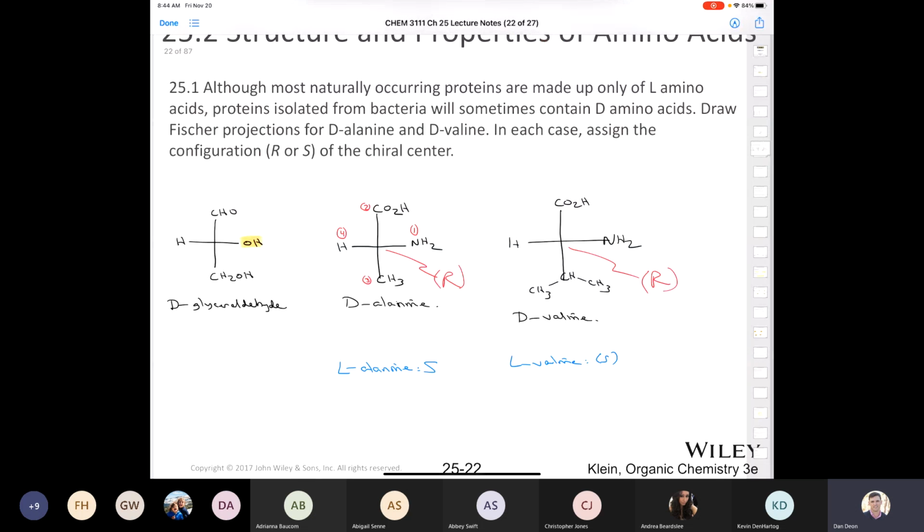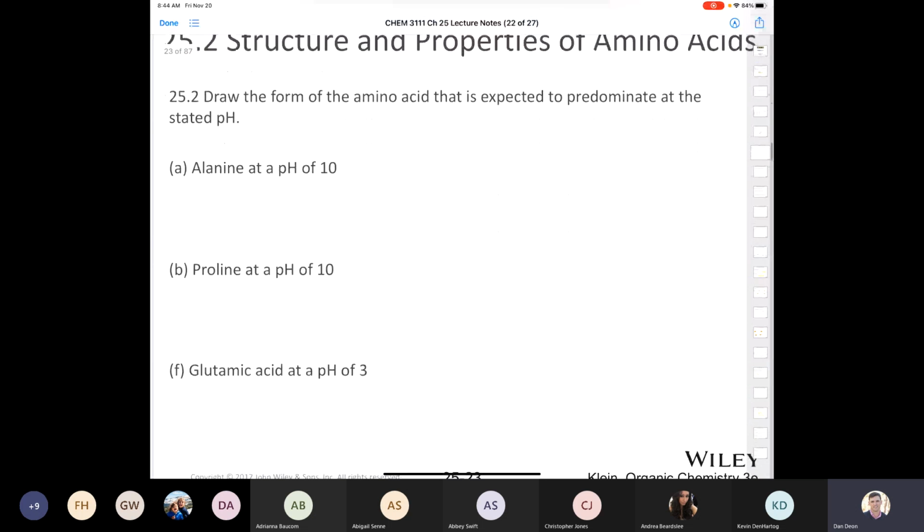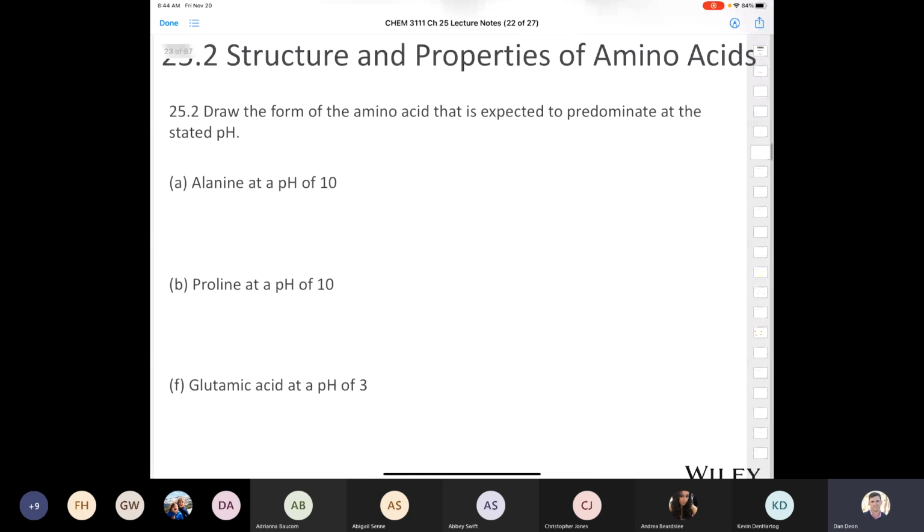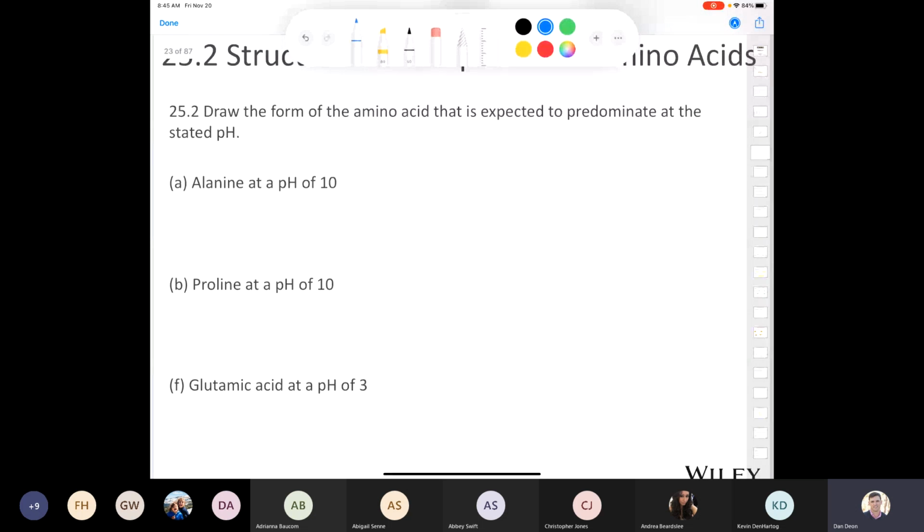Okay. Let's look at another problem. It says here, draw the form of the amino acid that is expected to predominate at the stated pH. Now, for this, you would have to have the table with all of the pKa values. I certainly don't expect you to memorize the pKa values of any of the protons in any amino acid. Okay, I'll write them down here.